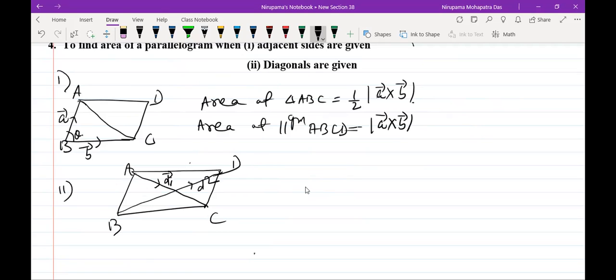We know the diagonals of a parallelogram bisect each other. Let the point of intersection of the two diagonals be O. If I consider triangle BOC, the vector BO is half of the vector D2. Just a minute.